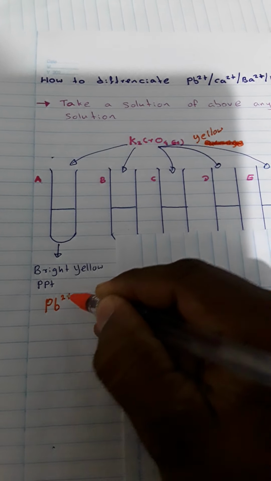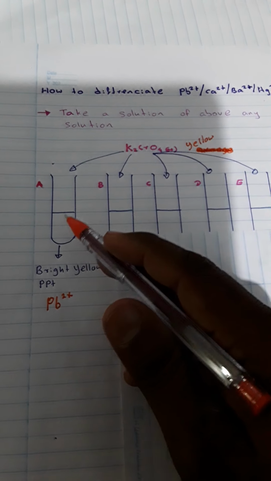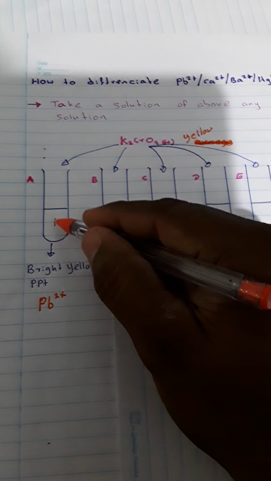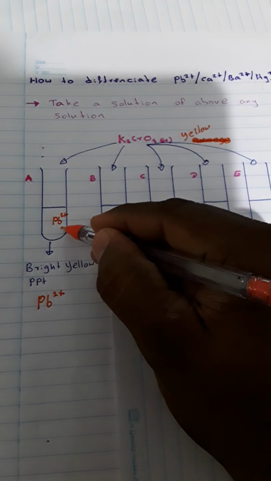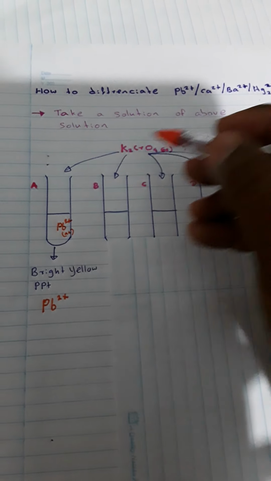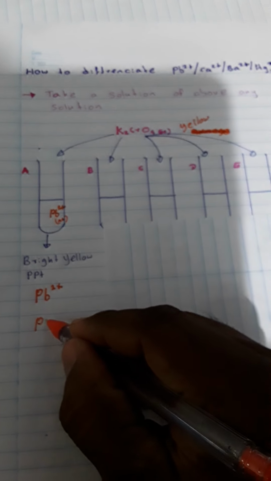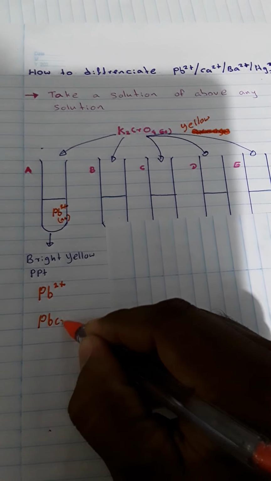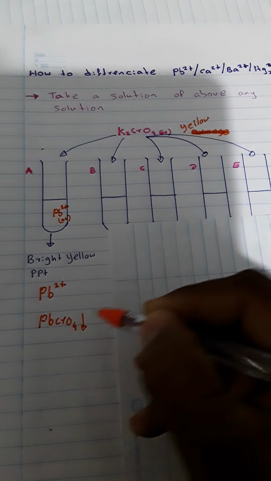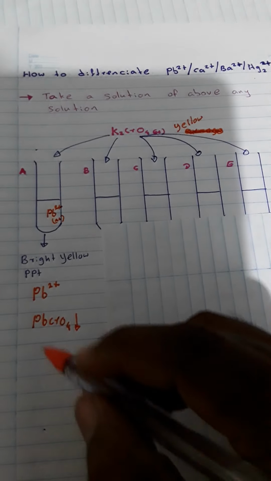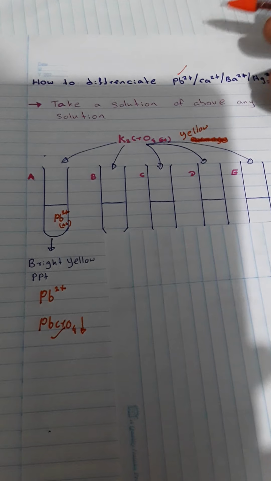Pb2+ ion. So Pb2+ aqueous and aqueous chromate ions come together, and what appears as the precipitate is PbCrO4, which makes the bright yellow precipitate, right? So we identify one cation, that is, Pb2+ is recognized.